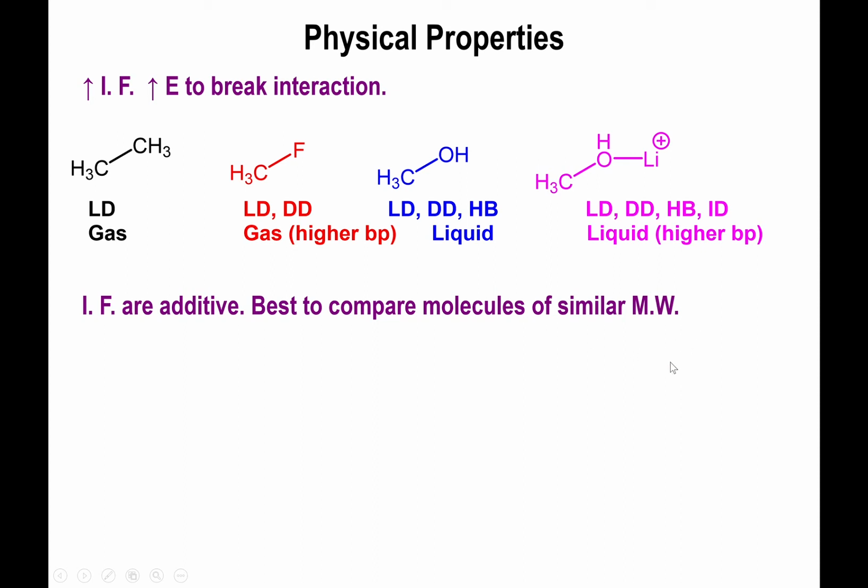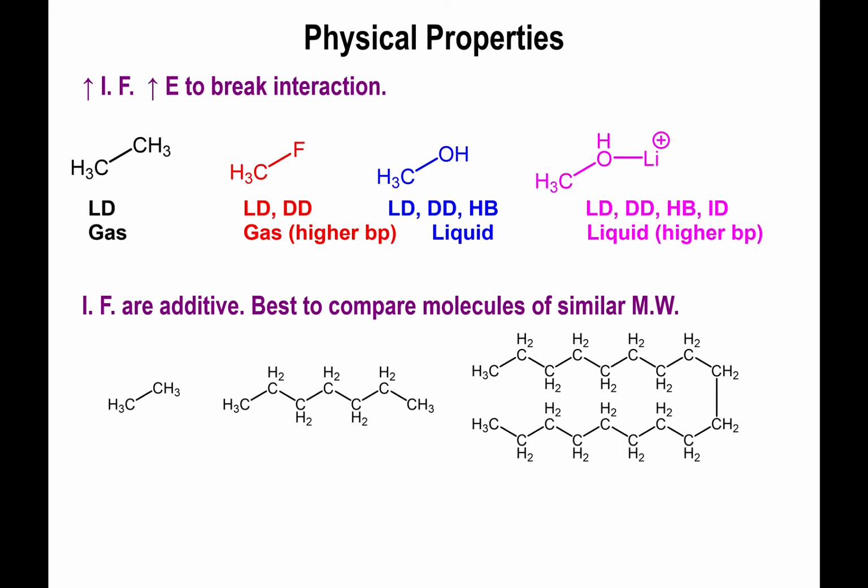By that I mean a difference not greater than maybe 15 grams per mole, perhaps even 20. I might even go as far as saying 20 grams per mole might be semi-okay, but you're getting into murky territory at that point. Now, a case in point to show you how it's important to keep the molecular weights relatively similar to each other when comparing molecules.